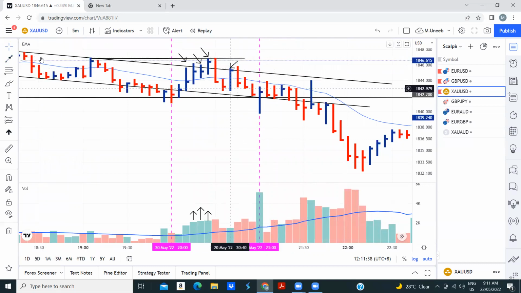The bar is very huge, but see the volume. Can you tell me the volume? The volume is very low, right? The bar is huge, volume is low, so this is fake momentum. There is an anomaly between the spread and the volume. Got it? So this is a fake momentum bar.